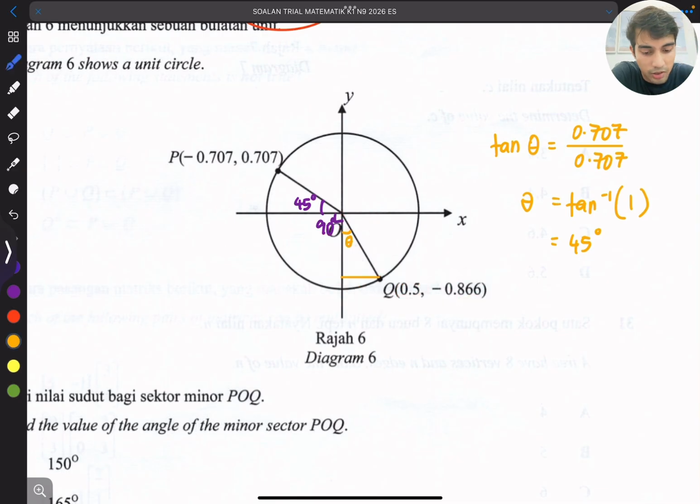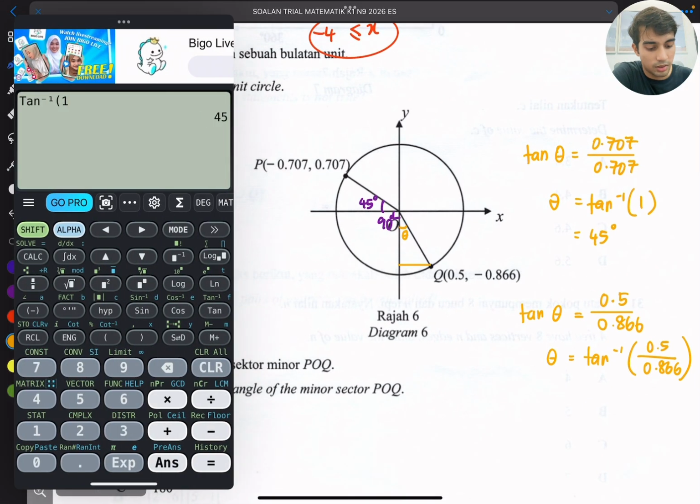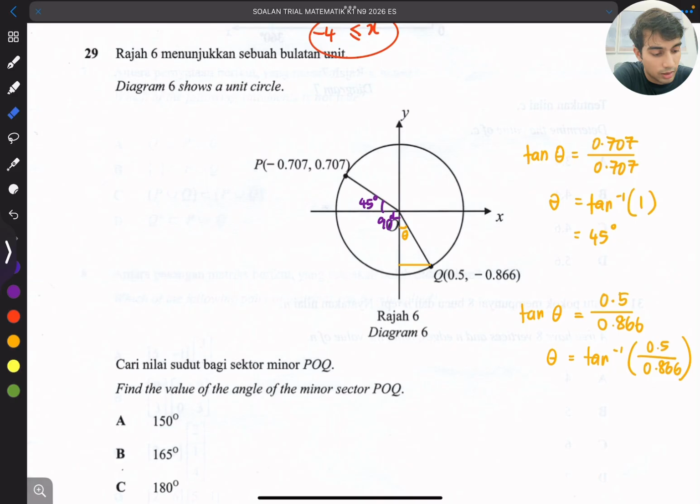So opposite over adjacent is 0.5 over 0.866. So theta will be shift tangent of 0.5 over 0.866, which is 30. So this theta is 30.